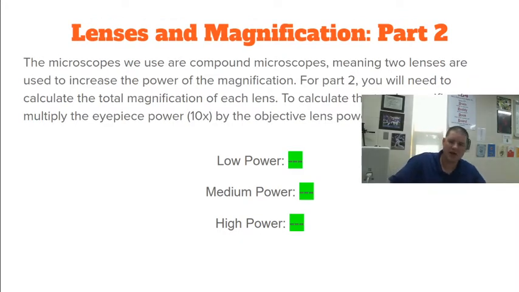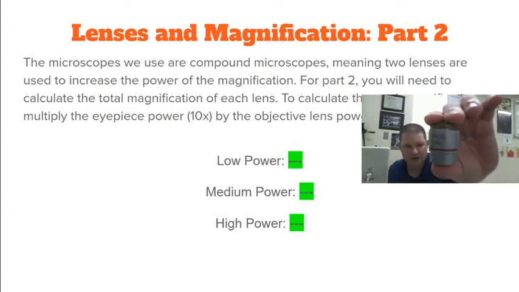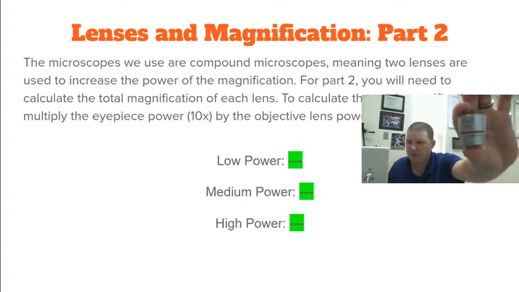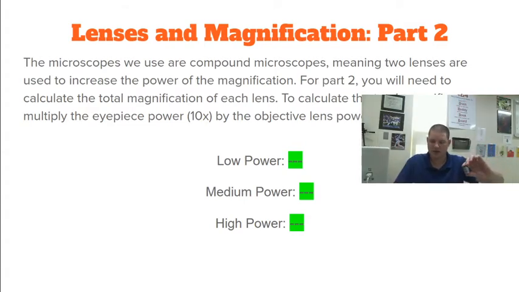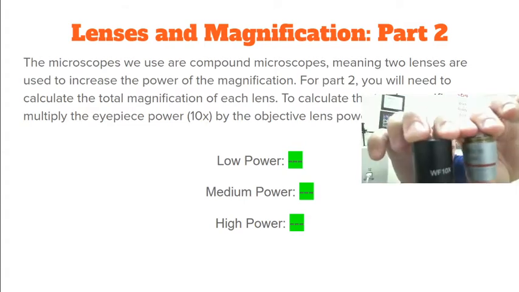What you'd be doing next is calculating the total magnification. When you look at our microscopes, I'll pull this one back off again. You've got not only your objective lens that you're taking a look at, but you're also taking a look at the eyepiece because it's its own lens itself.